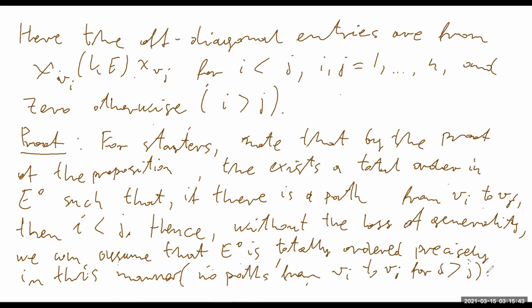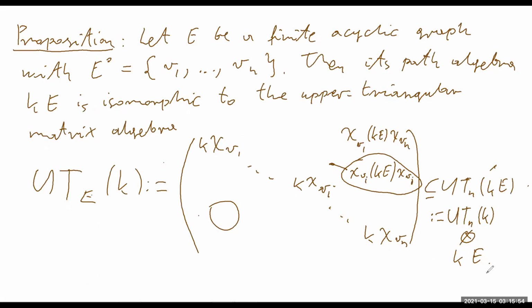Okay, so this is the first part, which relies on the previous semester. And by the way, I didn't mention it, but I hope it's obvious to you that when you look into these animals, chi vi sandwiching ke chi vj, the sandwich of the path algebra ke between chi vi and chi vj, this is simply the subspace of the path algebra spanned by all paths that start in vi and end in vj, all right?